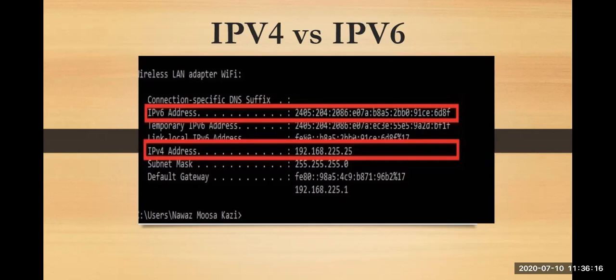Example you can see over your screens. The IPv4 address is 192.168.225.25. You can write that as an example for IPv4. As it says, it is numeric addressing.